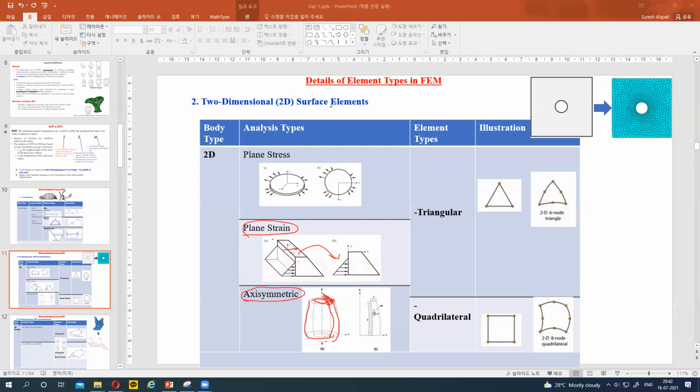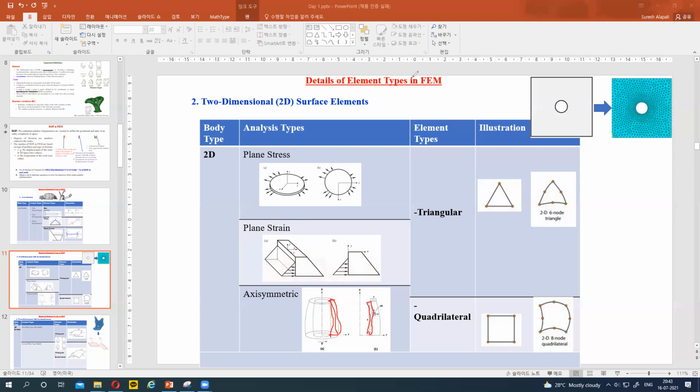Okay, so the load is applied circumferentially like this one. Then instead of considering a three-dimensional body, just consider only a strip of this one. So this one is axisymmetric. Okay, axisymmetric analysis.